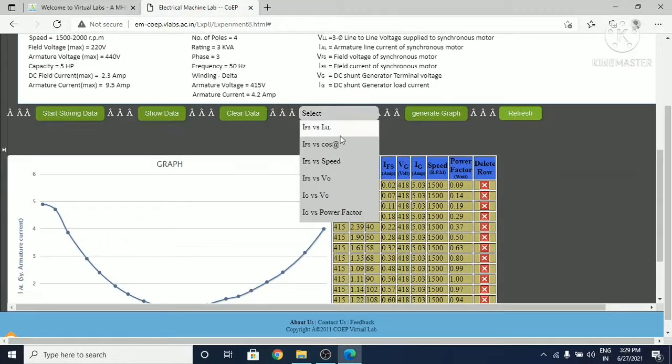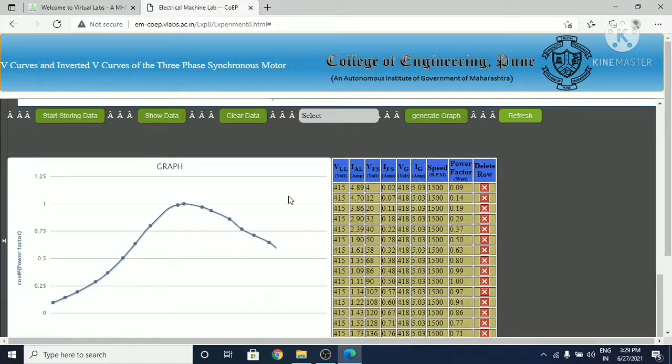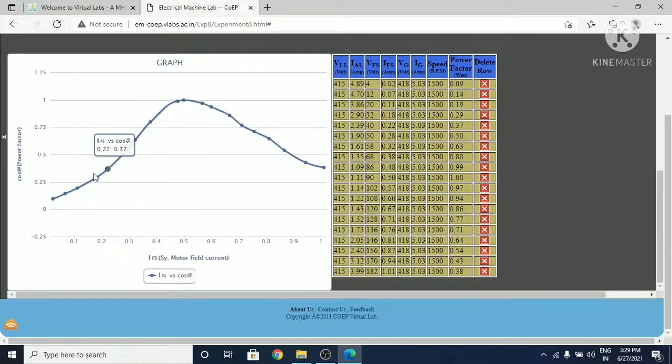Now I am generating the inverted V curve, the relationship between field current and power factor. Here also you can see it's a slightly less wide inverted V curve, and the concept remains the same. Up to the unity power factor, the power factor is directly proportional to the field current. Once it reaches the unity power factor, it's inversely proportional to the motor field current.